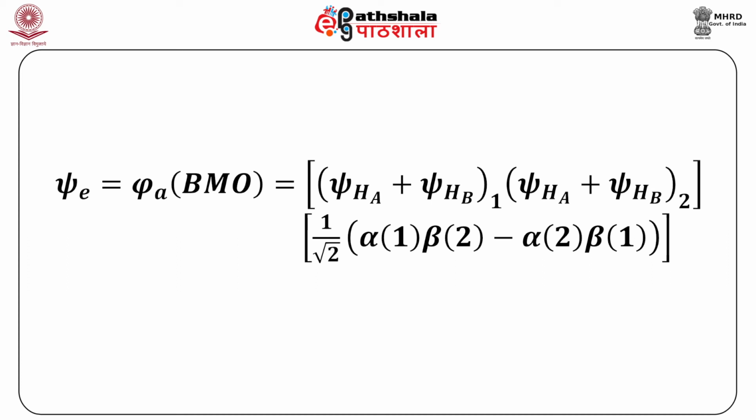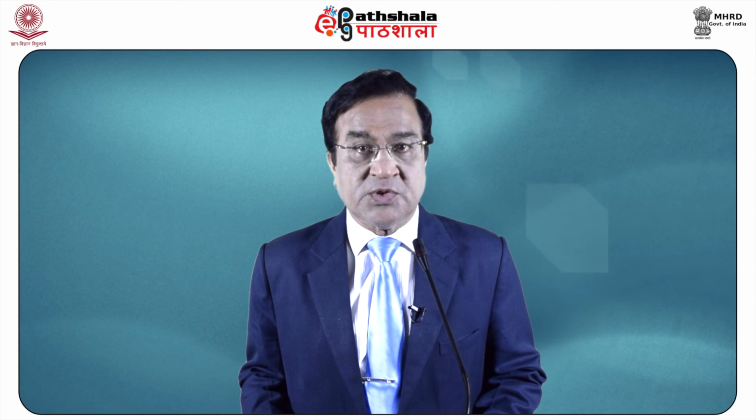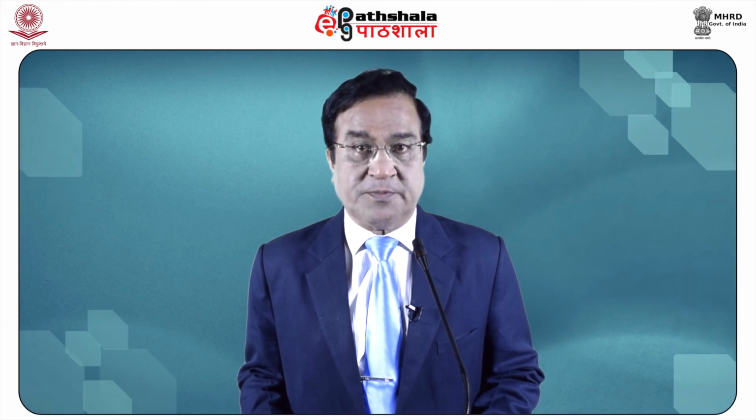So this spatial wave function must be multiplied with the antisymmetric spin function, 1 upon under root 2 times alpha 1 beta 2 minus alpha 2 beta 1. That becomes the total electronic wave function, and as you can notice, it is totally antisymmetric, which is what it should be according to Pauli's principle.